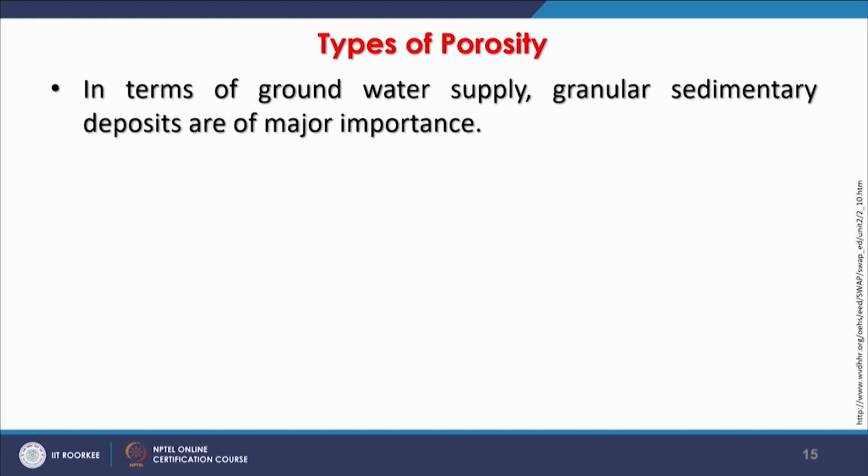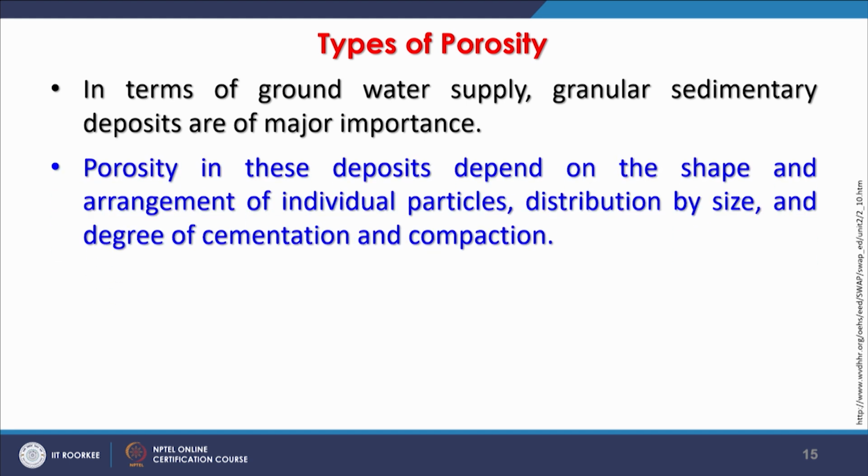So, in terms of groundwater supply, because after all we are discussing from the groundwater point of view, granular sedimentary deposits are of major importance, but everywhere we do not get such rocks. So, we have to find groundwater in all types of rocks, no matter what the quantity of water. But anyway, the ideal situation is that we should have granular sedimentary deposits.